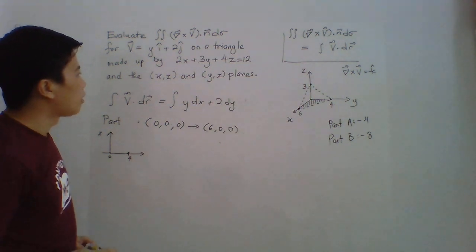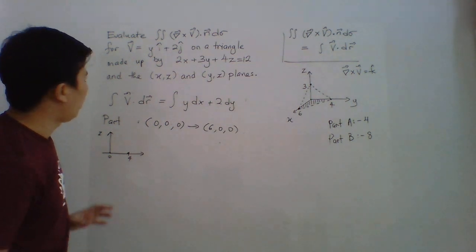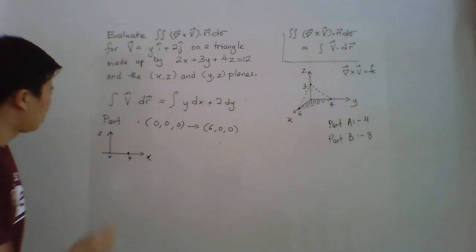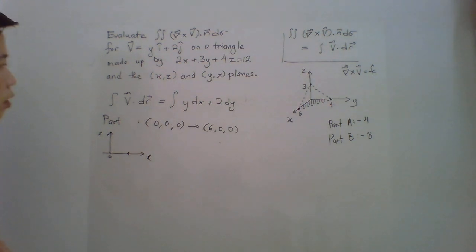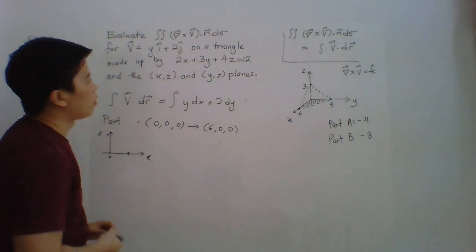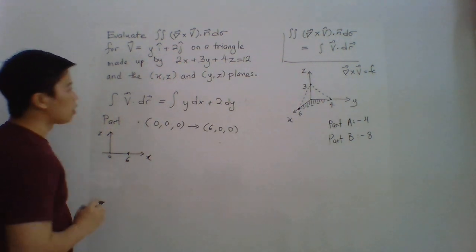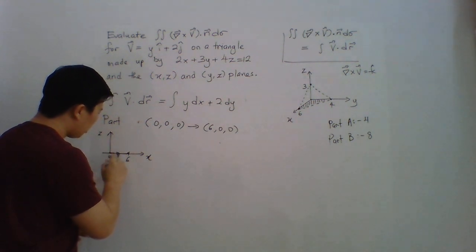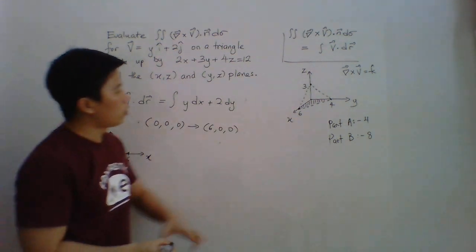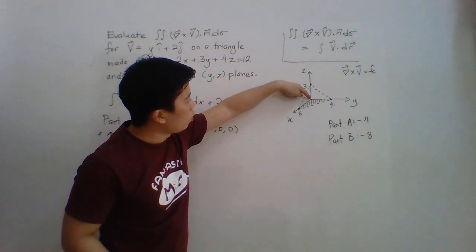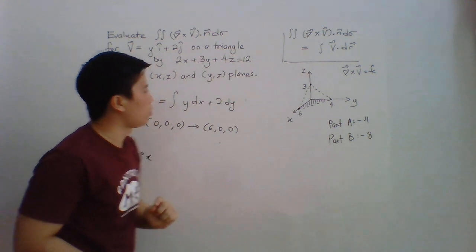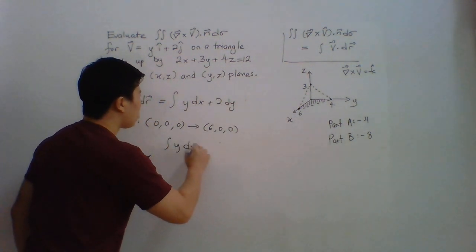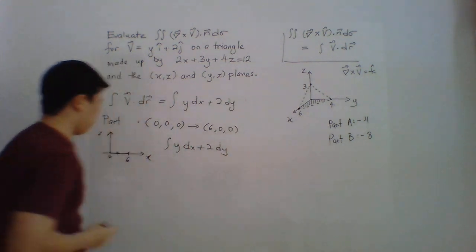And here we can have a graph that looks something like this. So you have x, and this is going to be 6. So here again you have a straight line like this because your point is going from 0, 0, 0 to 6, 0, 0. Okay, so again here y dx plus 2 dy.